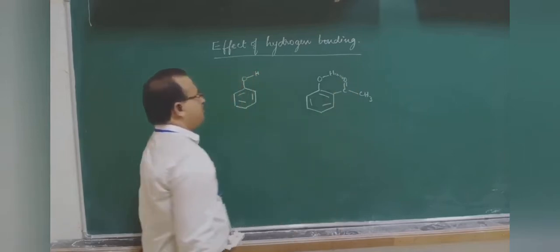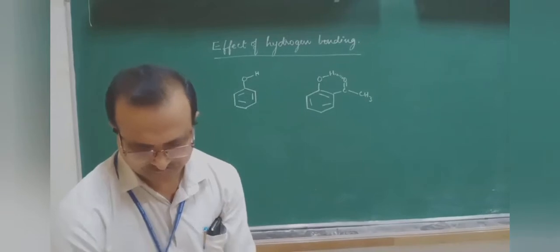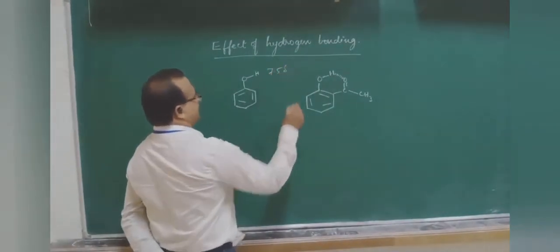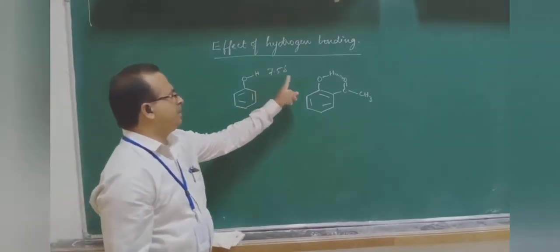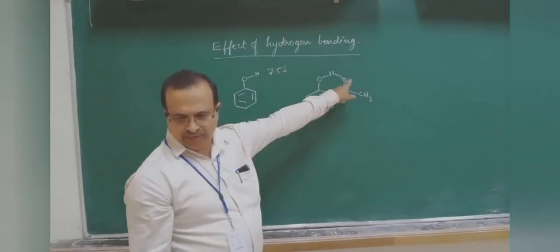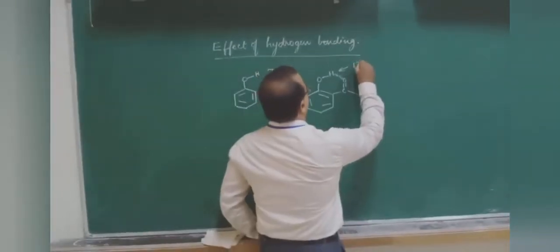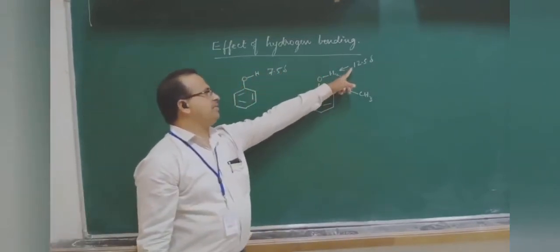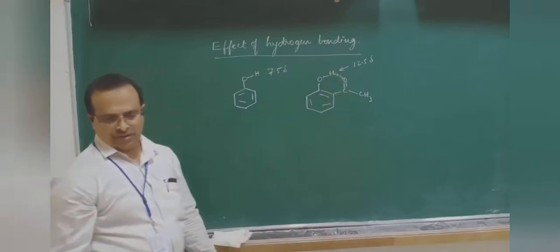The chemical shift value for this proton is 7.5 delta, where this proton is not involved in hydrogen bonding, but this proton is involved in hydrogen bonding with the oxygen atom. The chemical shift value is increased and it is highly downfield, about 12.5 delta. This increase in the chemical shift value is due to the presence of intramolecular hydrogen bonding.